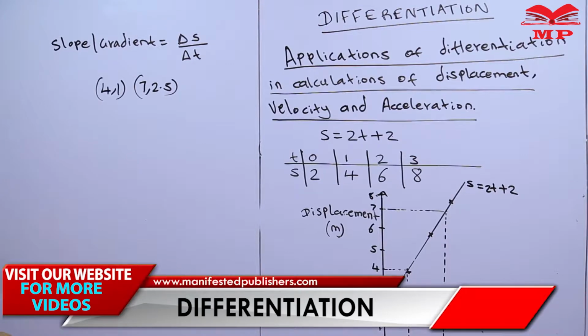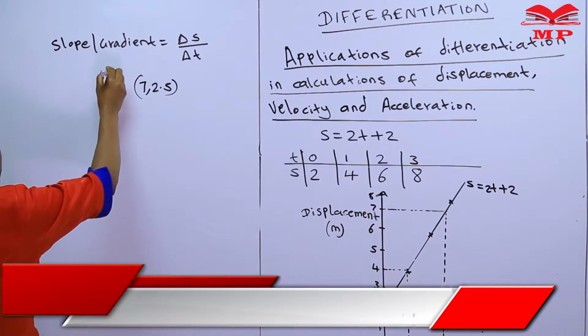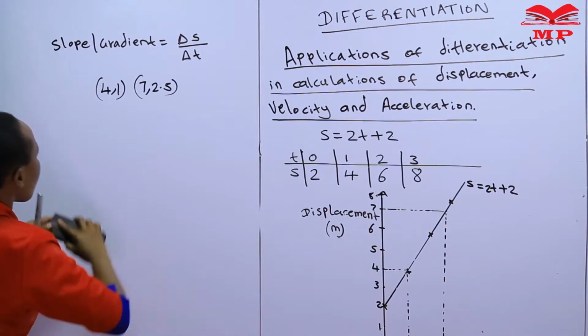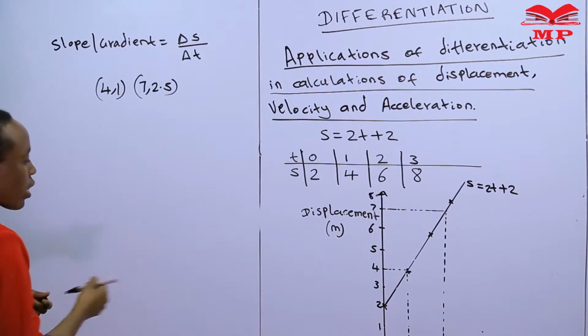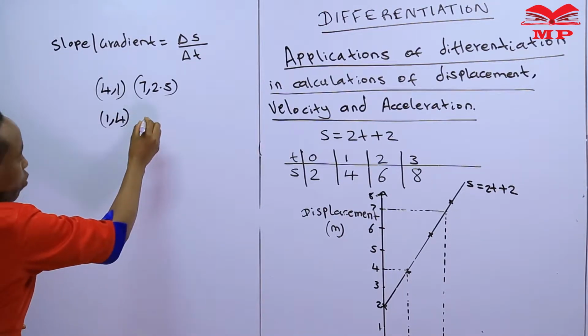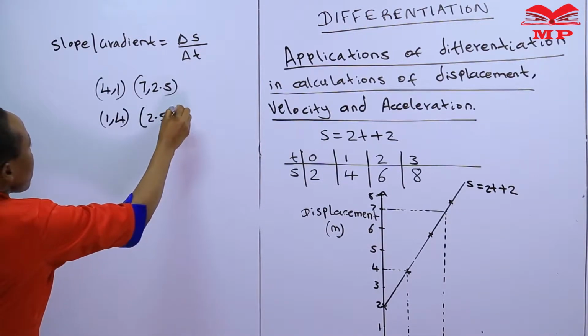So we want to get the slope. 4 is the displacement, so we interchange because we need to write them as x, y. So we have 1, 4, and then we have 2.5, 7.